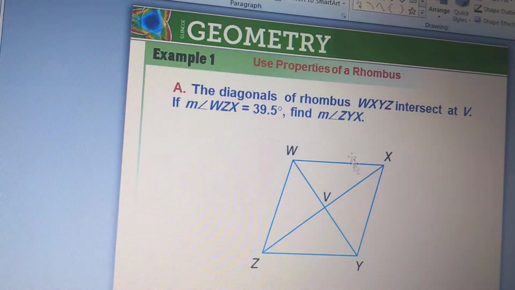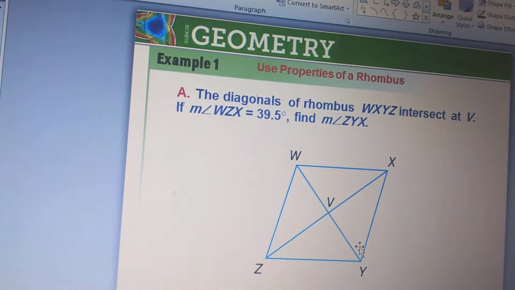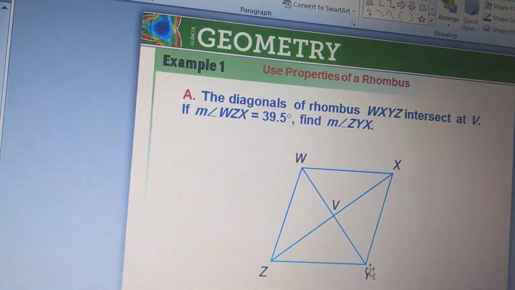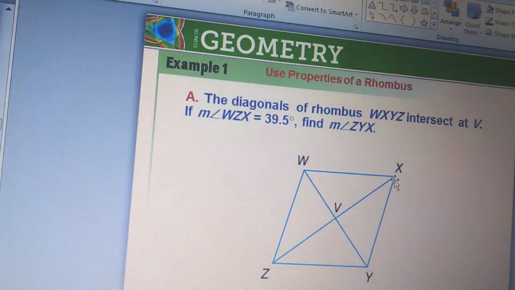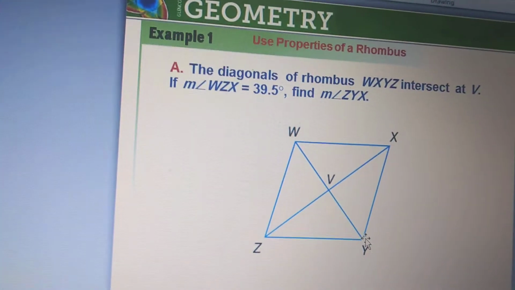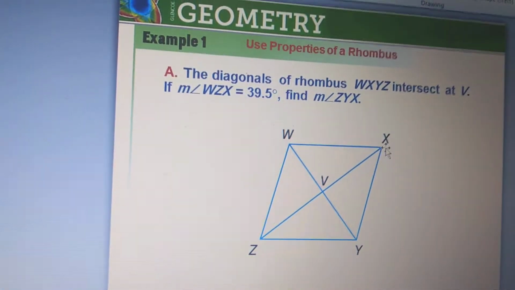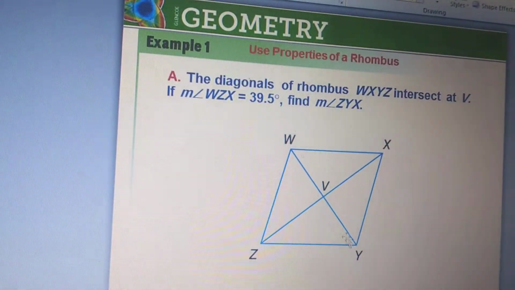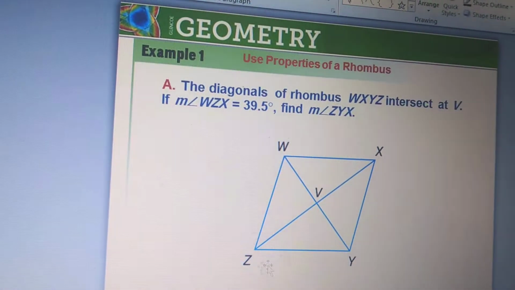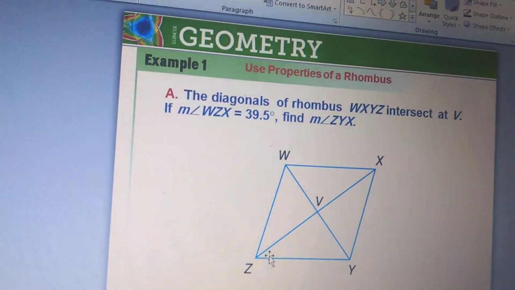You want me to find angle ZYX, this one, angle Y. Of course, I take the triangle ZXY. I know that the sum of angles in any triangle is 180 degrees. But I know angle XZY is 39.5 and angle YXZ is also 39.5.